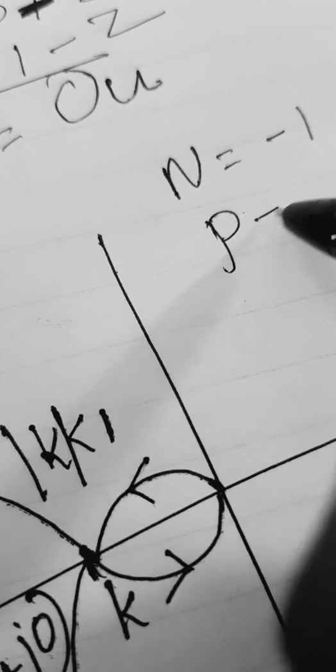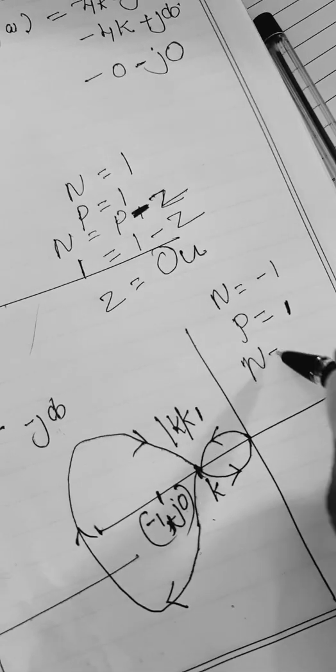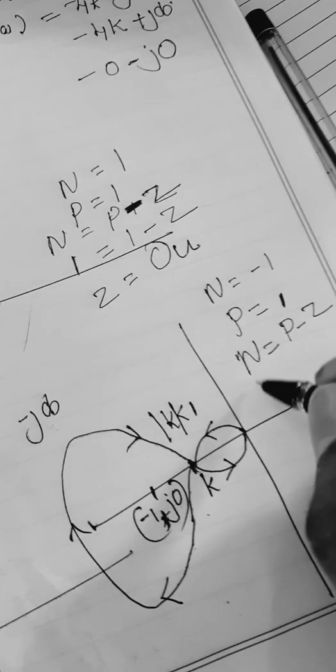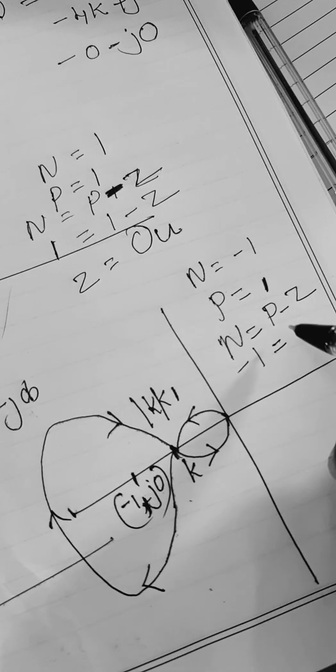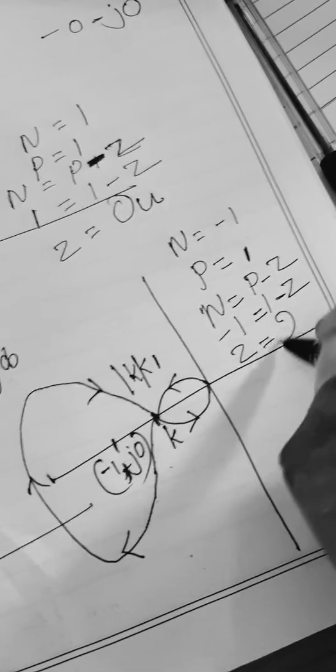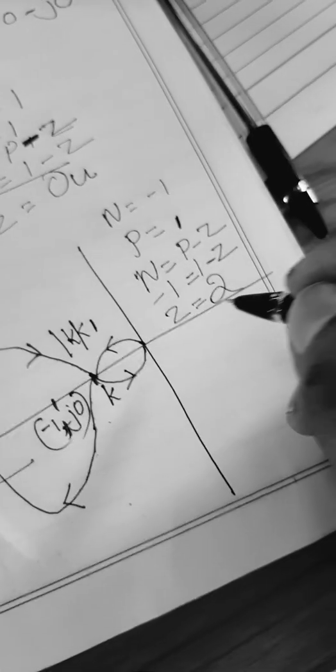P is 1, already known from the transfer function. So n is equal to P minus Z, minus 1 is equal to 1 minus Z, so Z is 2. For the closed loop, we are getting Z as 2.